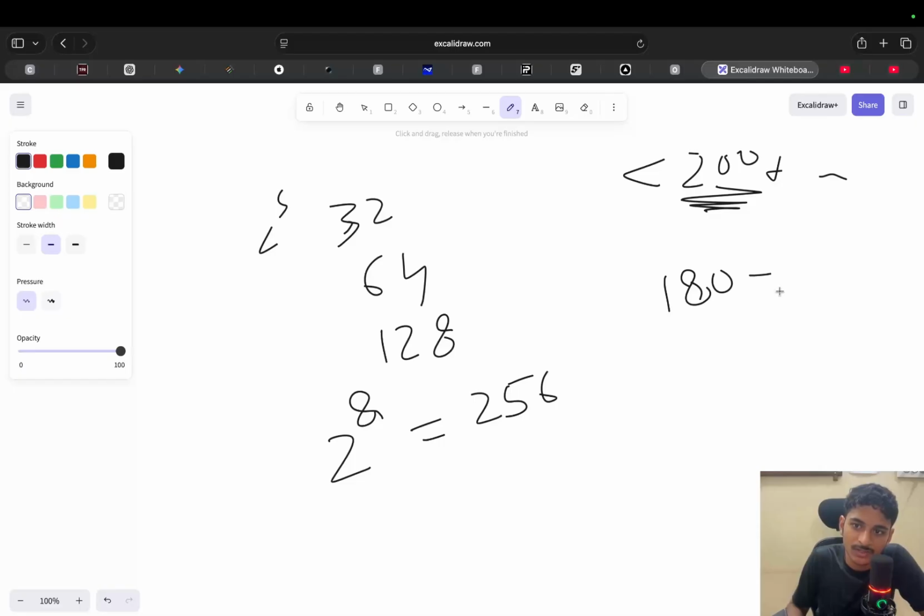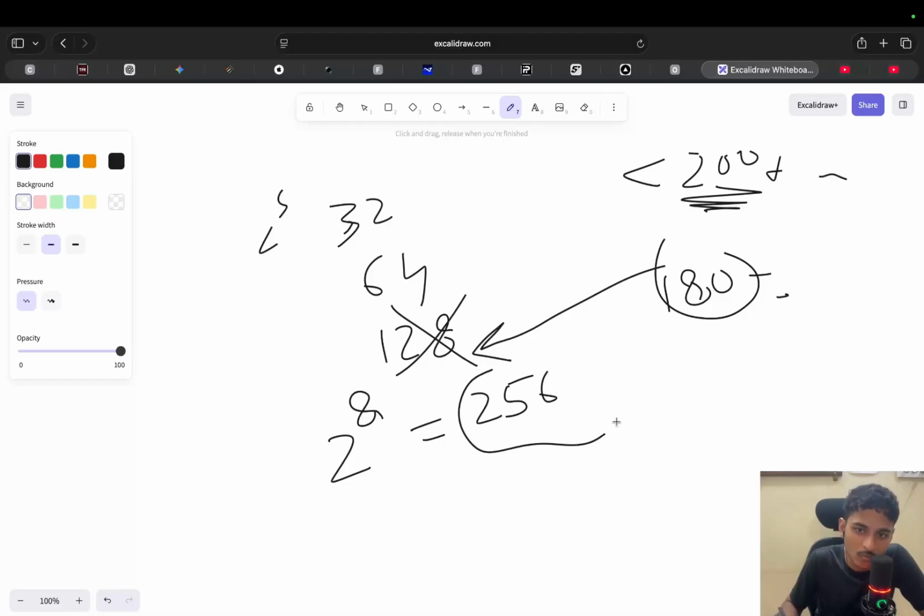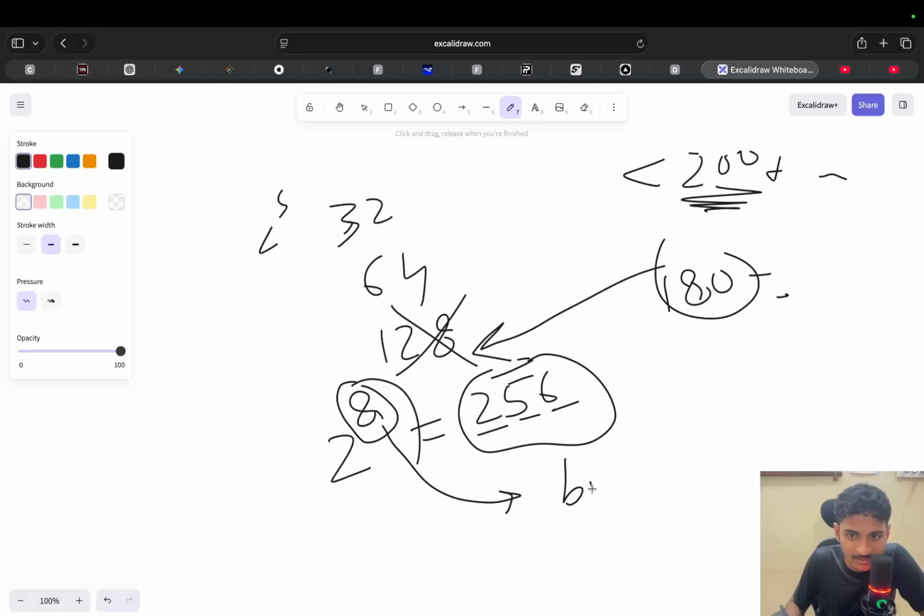180-something characters. So 180 is between these, and of course we can't take less, so we will take 256 possibilities. In 2 power 8, what is this 8? Here 8 means the bits.